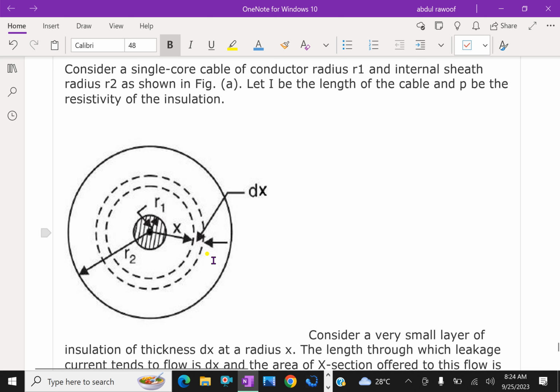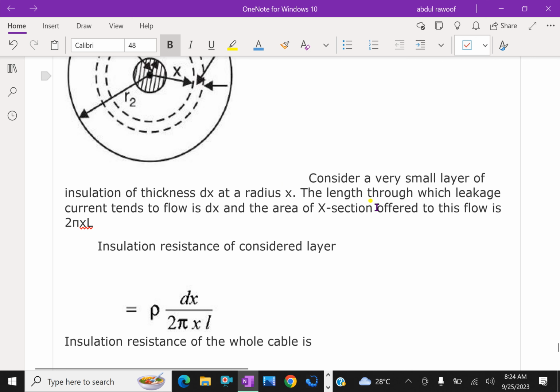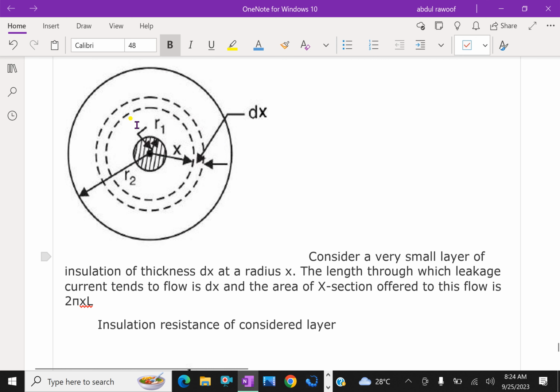Take a ring of thickness dx at a distance x from the center of the core. Consider a very small layer of insulation of thickness dx at radius x. The length through which the leakage current tends to flow is dx, and the area in cross section offered to this flow is 2 pi xl.